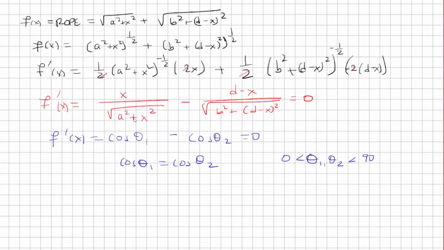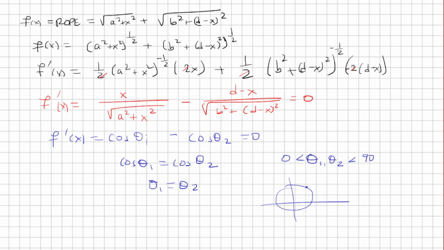So it's bounded above by 90. It cannot be 90, otherwise the other angle is 0. So it's less than 90, but it has to be greater than 0 because obviously you need to have a triangle with 3 angles. Okay, so when in the unit circle is cosine equal to cosine? Well, they have to be in the first quadrant, and they have to be the same angle. So theta 1 is equal to theta 2.